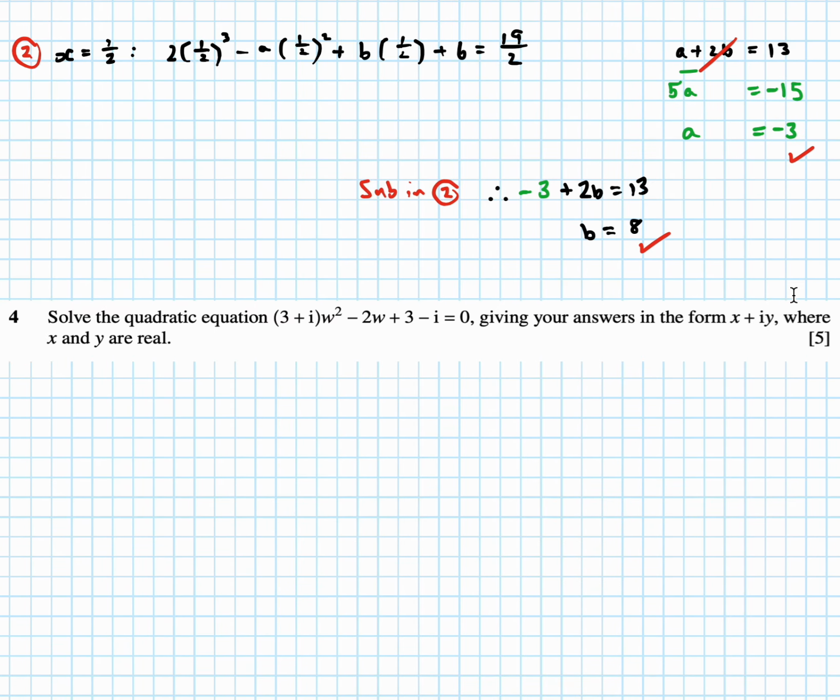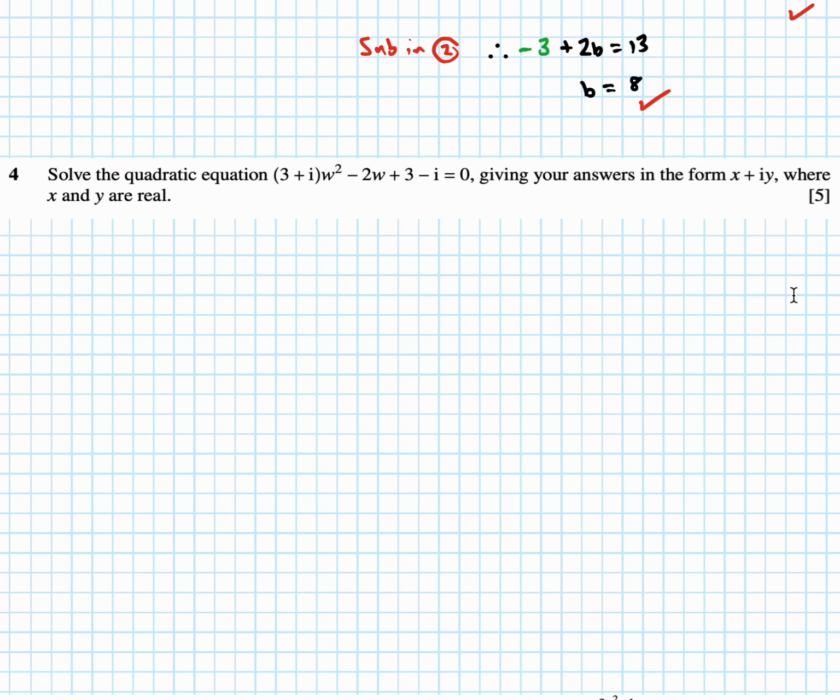It's okay. Right, question 4. So this one looks a little bit strange. Again, we've already done a question on complex numbers. So we're going to find in the form x plus iy. Thinking of the discriminant, or thinking of quadratics in general, I think if you just look at this, you'll see that you have your form ax squared plus bx plus c, you can use the quadratic formula.